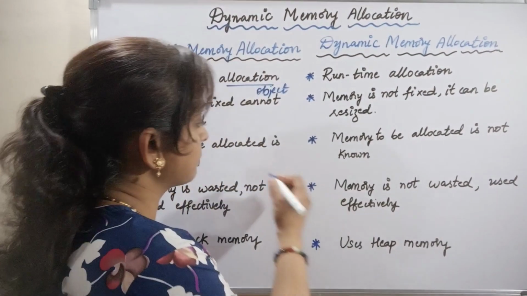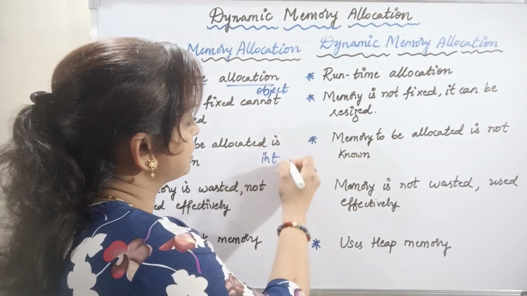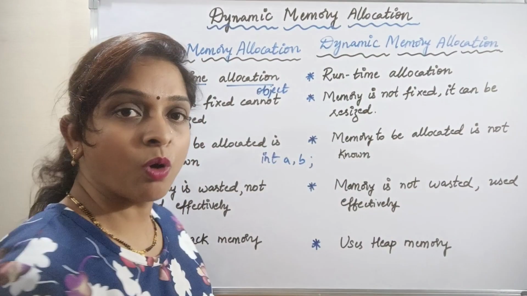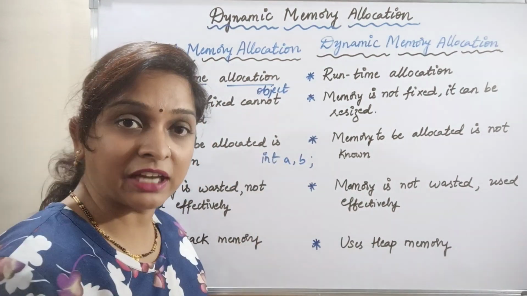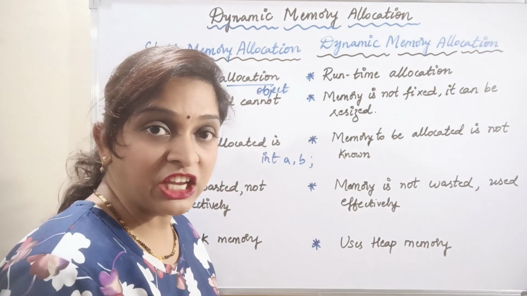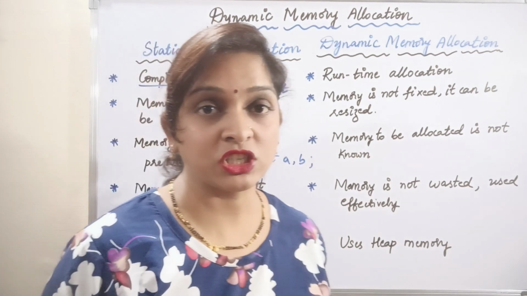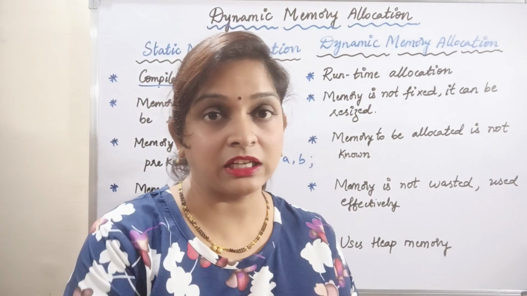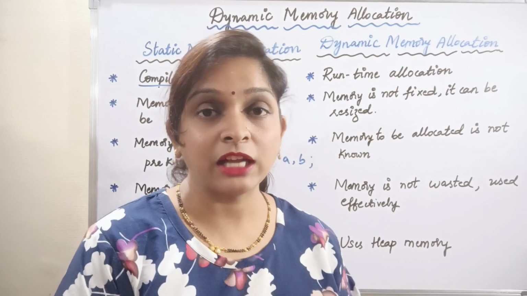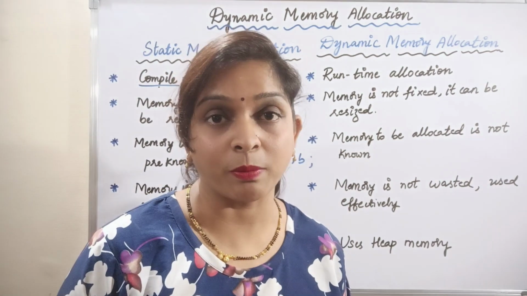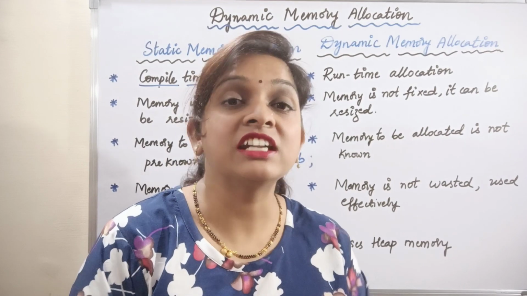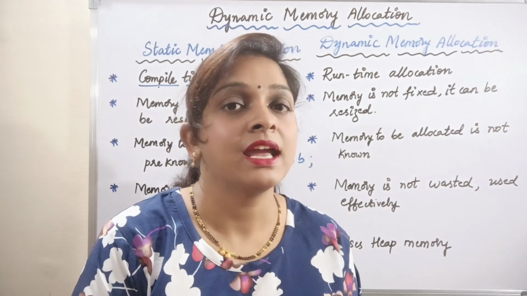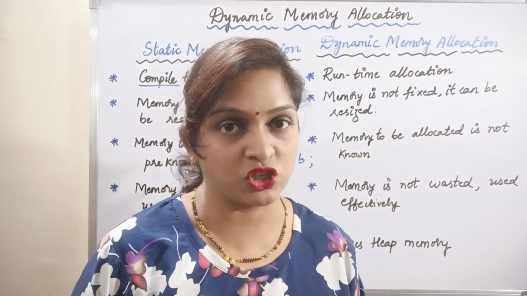Say we have some variable declarations like int a, b, and we know how many bytes have to be allocated for a and b with respect to the data type. With respect to the integer data type, it depends upon the machine that we use, it may take 2 bytes or 4 bytes. So that amount of memory that we need to allocate is fixed. So we say it is compile time allocation.